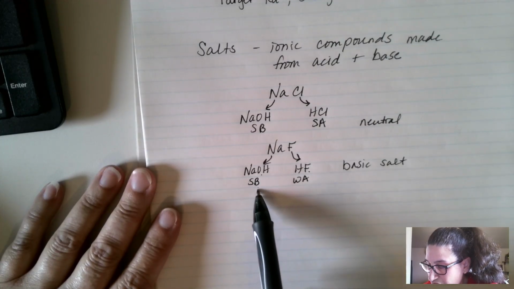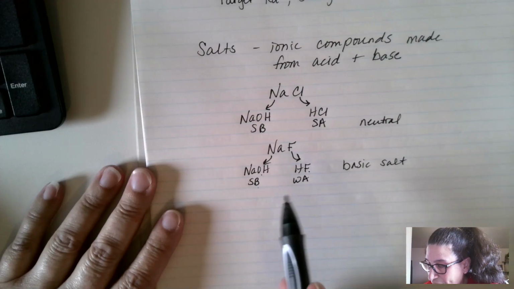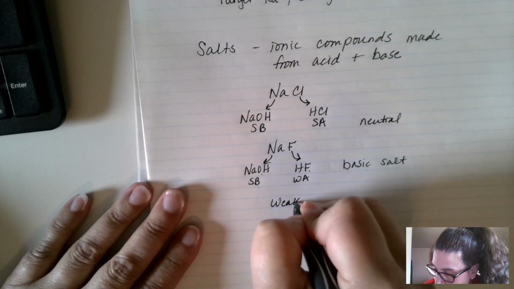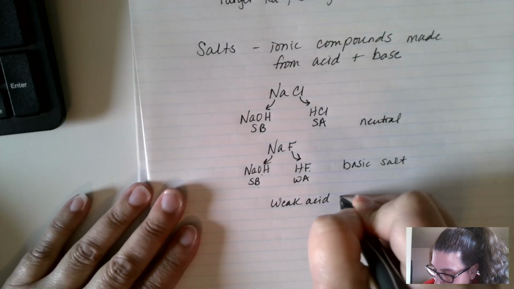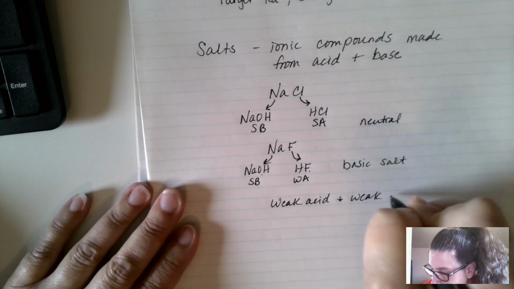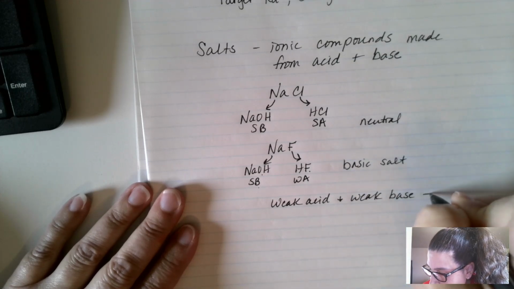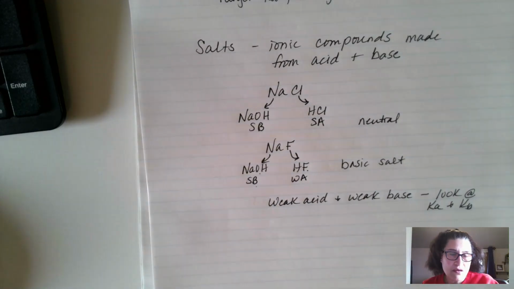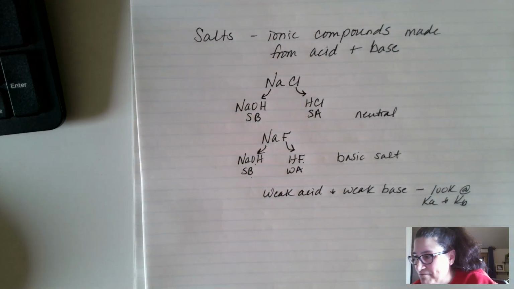In this case, the base is stronger, so it's basic. If you have a weak acid and a weak base, then you want to look at the Ka and the Kb to help you decide.